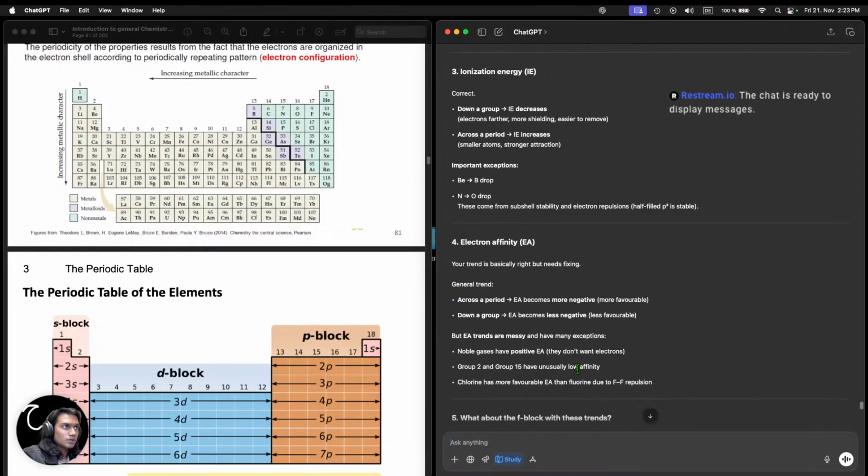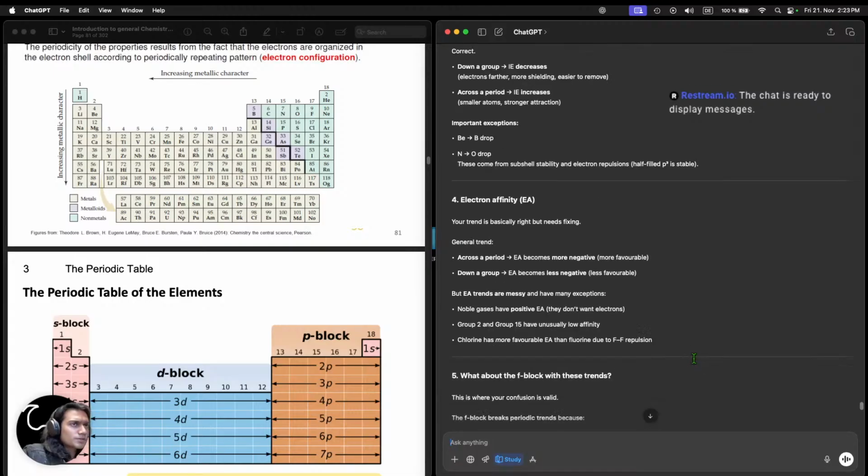So down. Wait. That part is pretty messed up. Because if you go down, the electron has more radius, which results in less energy needed to put in.